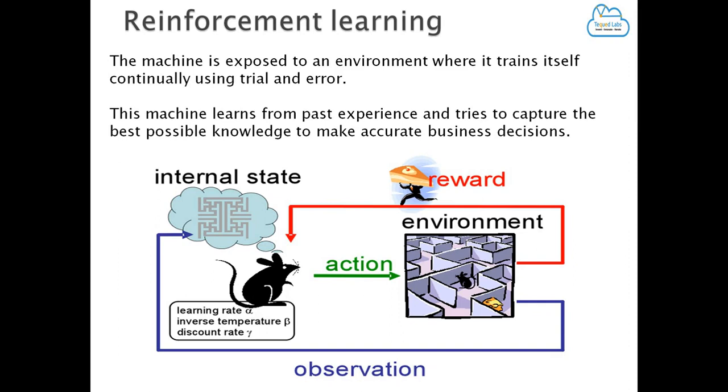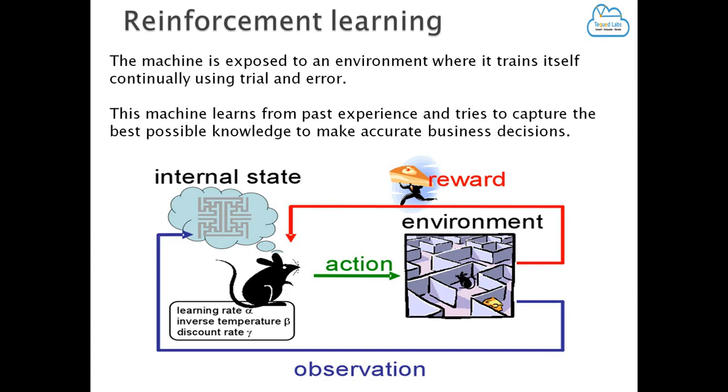Whether the machine wants to achieve something or do something, it keeps trying trial and error steps until it reaches its particular destination. So this uses the concept of past experience, or trial and error, to arrive at a particular decision.